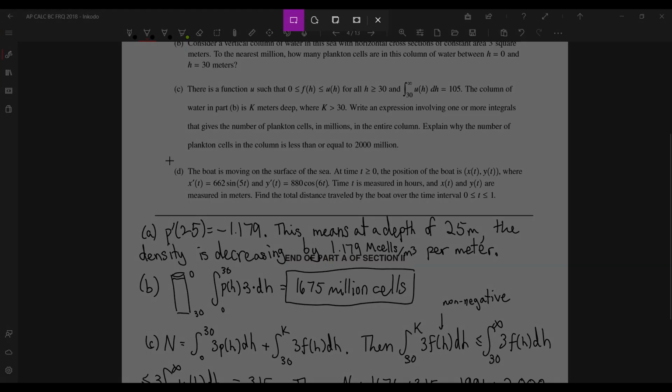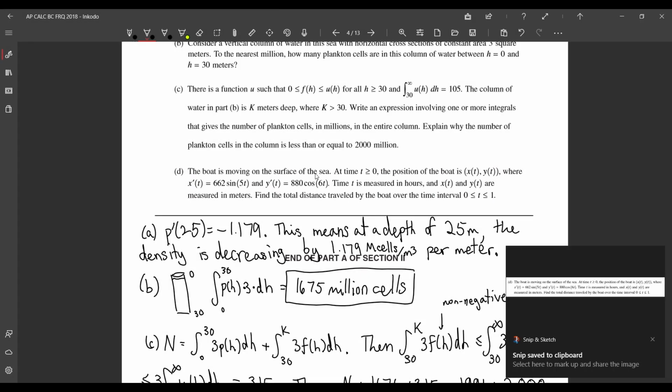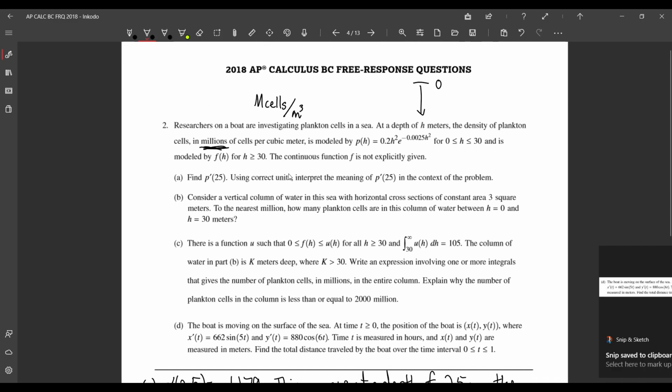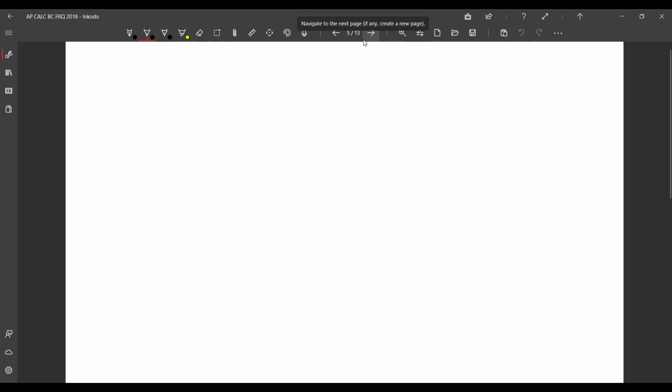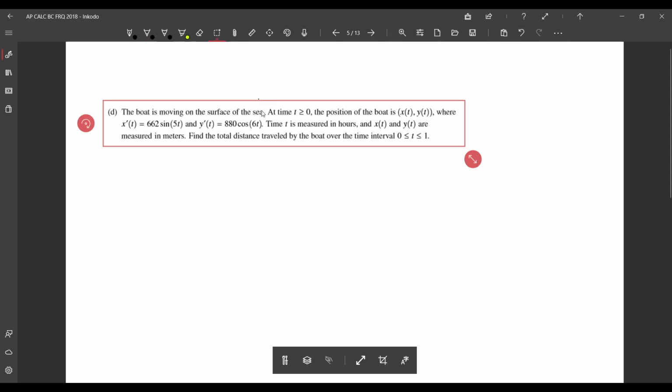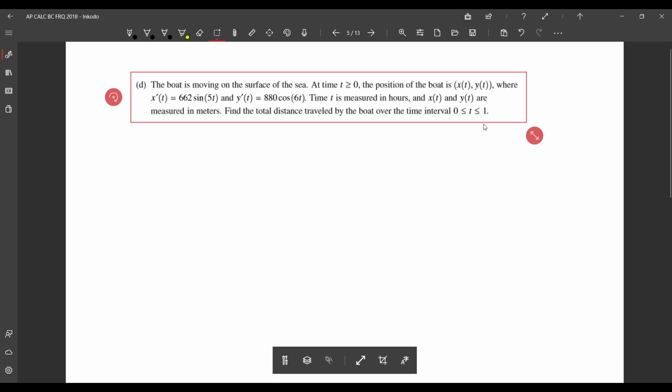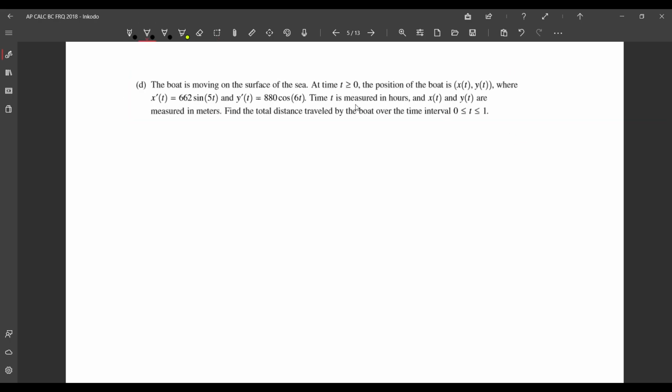So now part D. We have 5 minutes left, but we should have good enough time. The boat is moving on the surface of the sea, time t greater than 0. Okay, so this has pretty much nothing to do with the density info, and this is just arc length of a parametric curve.